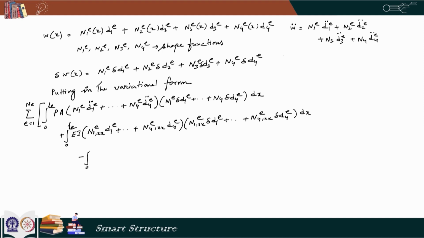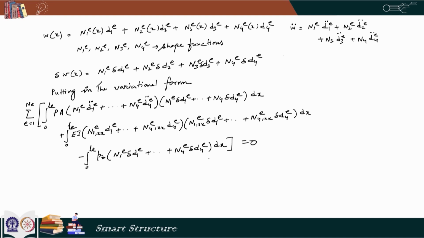Then we have the integral from 0 to Le of p_z multiplied by just w, and w is N1e multiplied by del w, that is N1e multiplied by delta d1e till N4e multiplied by delta d4e, dx, and that is equal to 0. So, this is the variational form that I get after I put the elemental approximations.